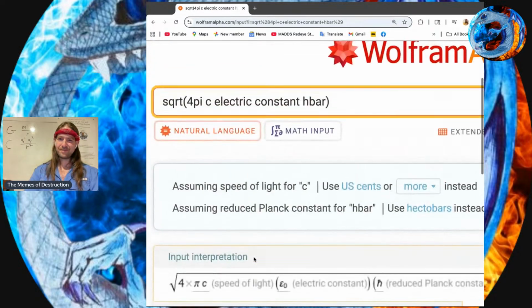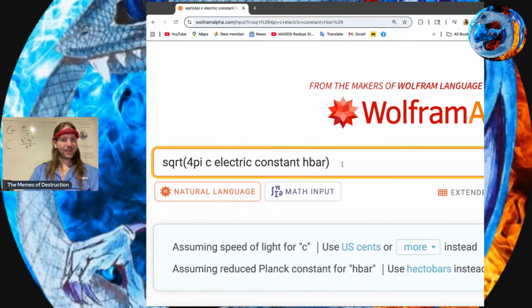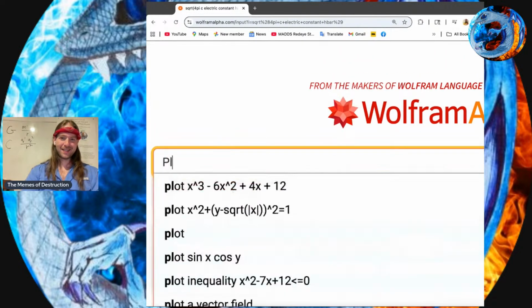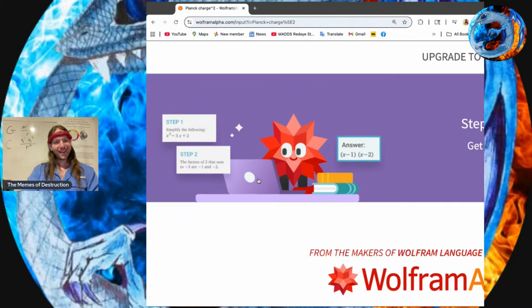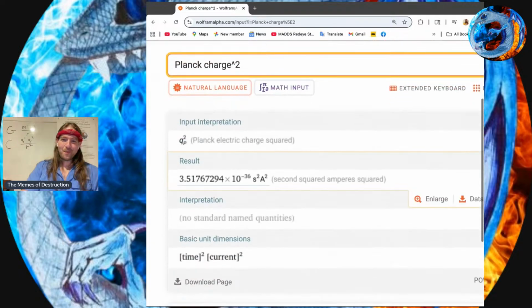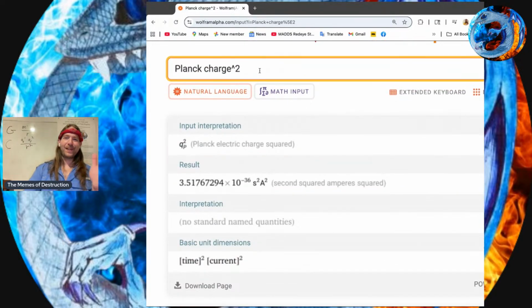Okay, that's Planck charge squared. So let's just do that. Now you get this number here. Other interesting things might go on if we say that's a natural unit, let's divide it by another Planck unit.